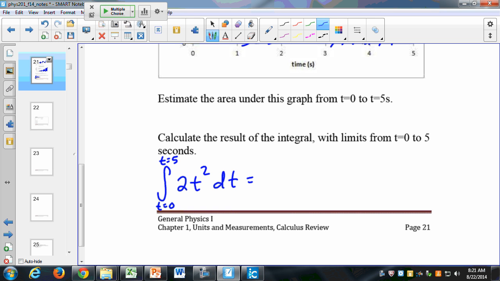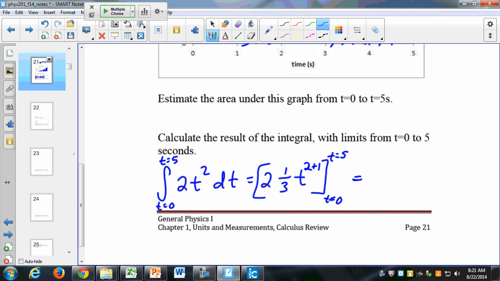It's going to be 2 times 1 over n plus 1 times t to the n plus 1, which is going to be 2 plus 1. I'm going to evaluate this from t equals 0, that's my initial condition, to t equals 5, which is my final condition, or my ending point.